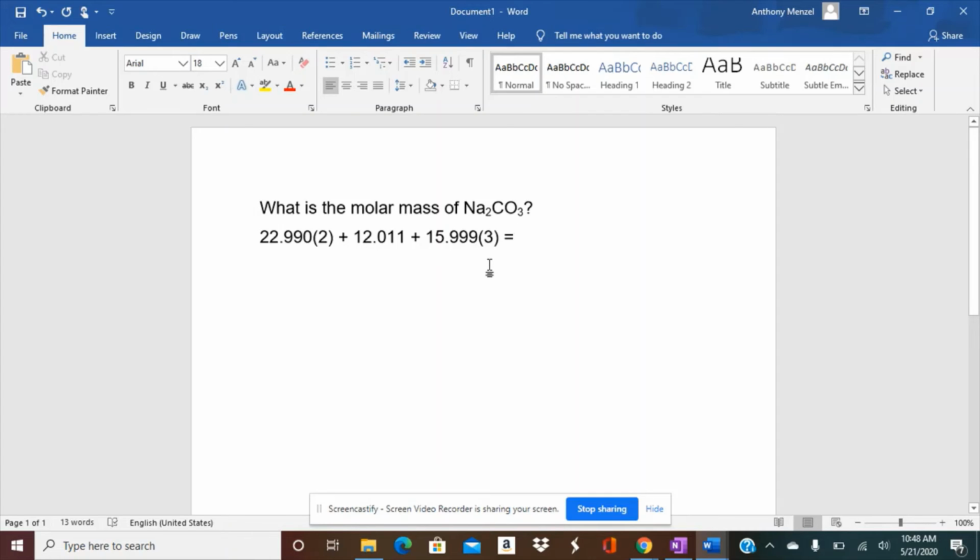Then we can put all of these numbers into our calculator. 22.990 times 2, and then we also have plus 12.011 plus 15.999 times 3.